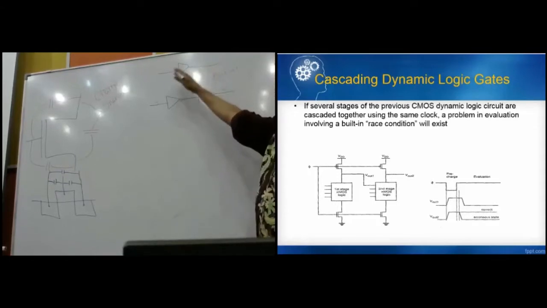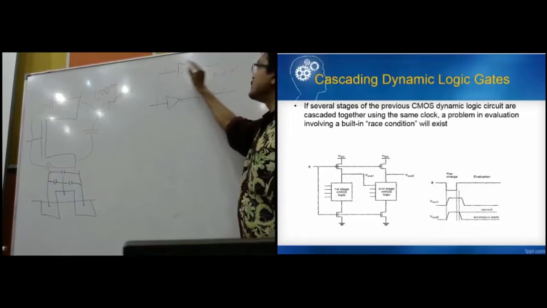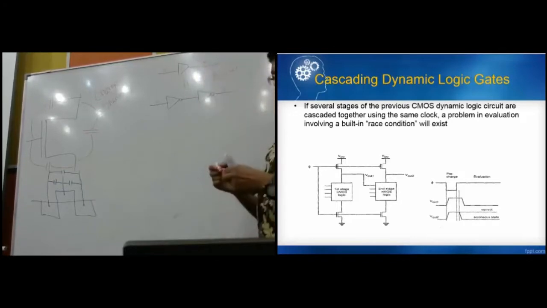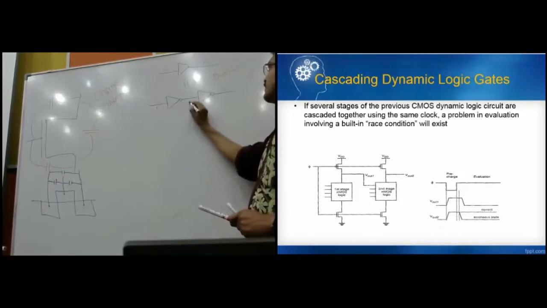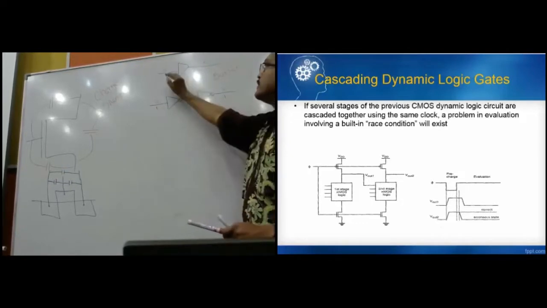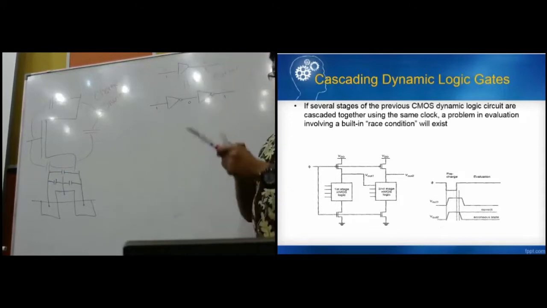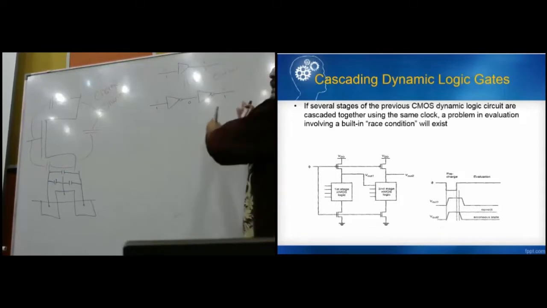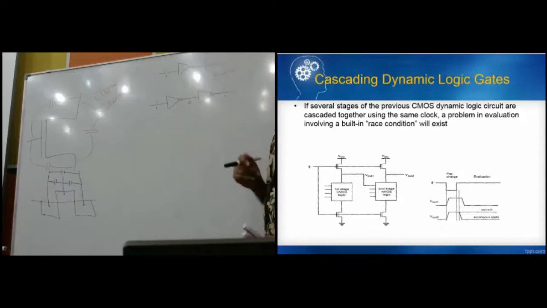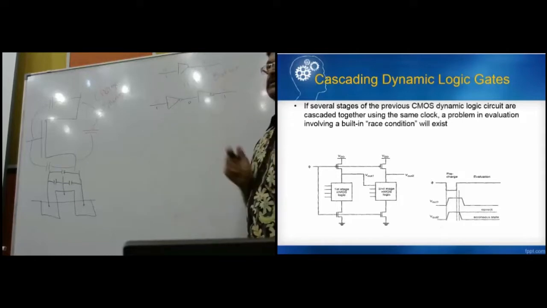Jadi buffer kalau logik dia kosong, output dia pun adalah kosong. If the input is 1, so 1. A buffer will not change the input. Okay, tetapi dia akan melambatkan satu cycle. If you're using dynamic CMOS, dia akan lambatkan satu cycle.